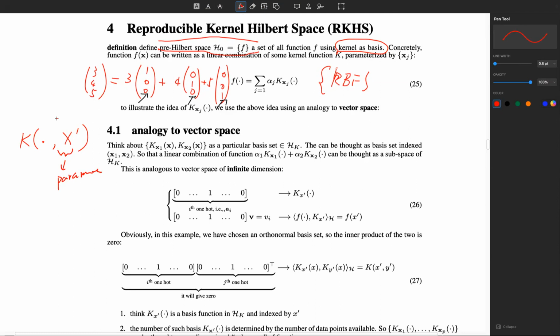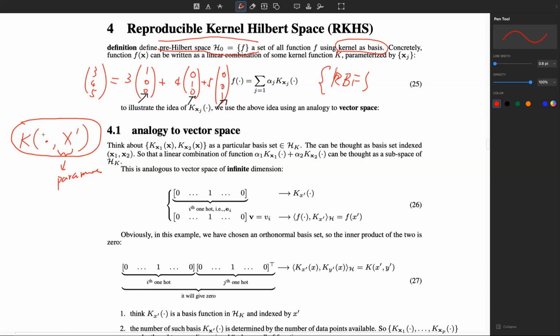The reason is that otherwise, when the notes are read, we'll be very confused about whether X is in fact a variable or a parameter. So you agree with me, this is a function, yeah? Because if I plug in 3.5 in here, I will get a different kernel value. If I plug in 4.6 in here, I'll get a different kernel value. So that's why I just leave it as a simple dot.